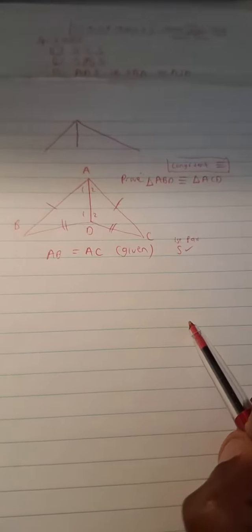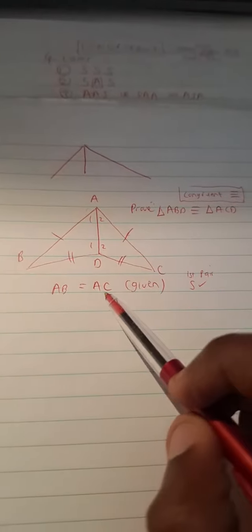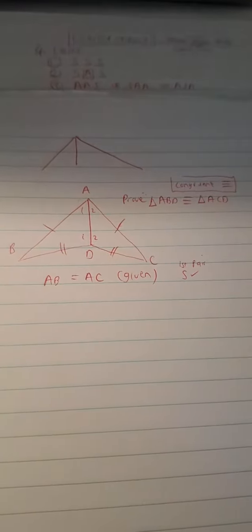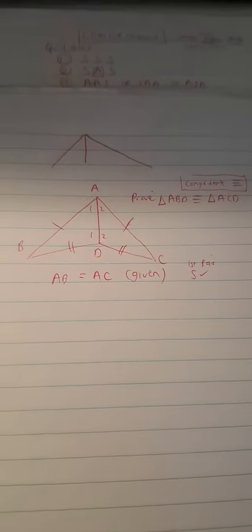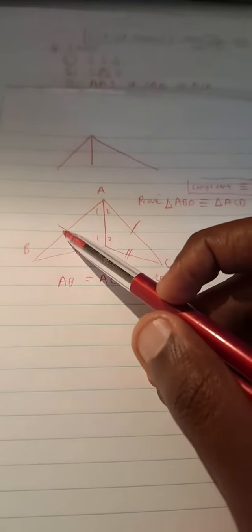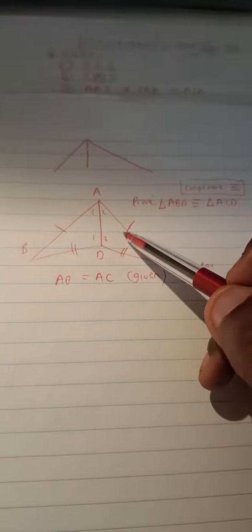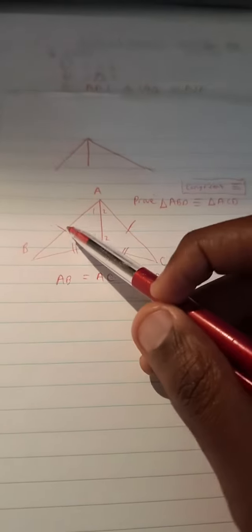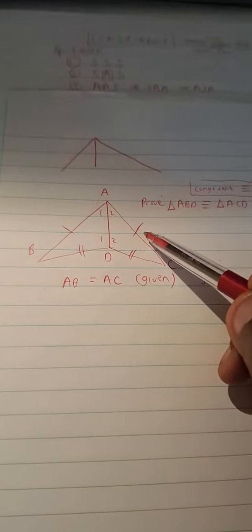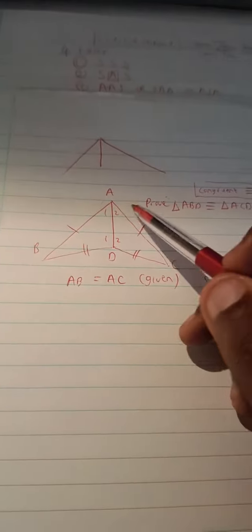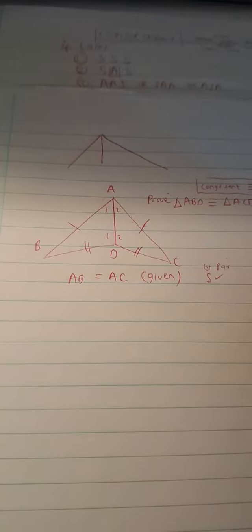Okay, so I usually like writing the letters so that I can see which case comes out at the end. Are you with me? So I said AB is equal to AC. That is given to me. It was stated in the statement that AB is equal to AC. And in the diagram, you see this line and that line. Those 2 lines indicate equality of sides. So that's why I'm saying AB is equal to AC. Next statement.